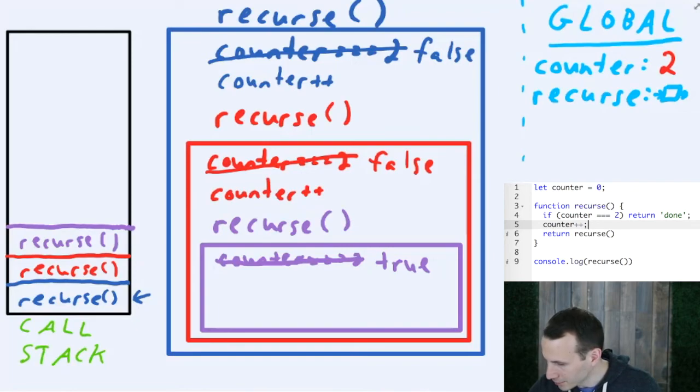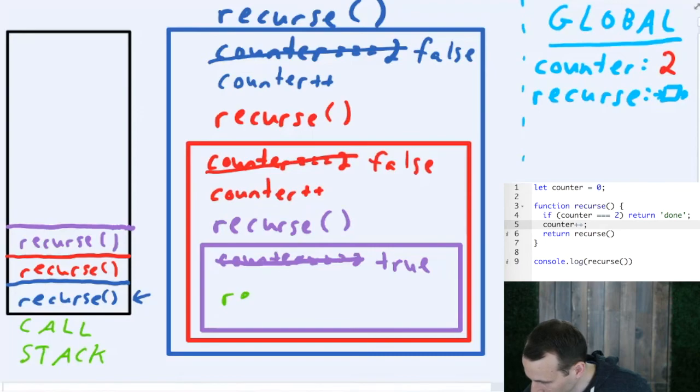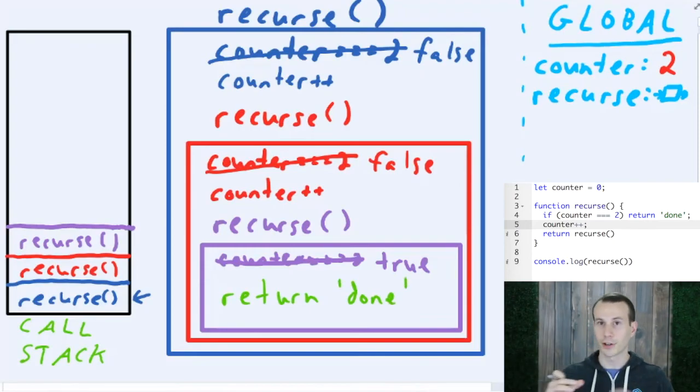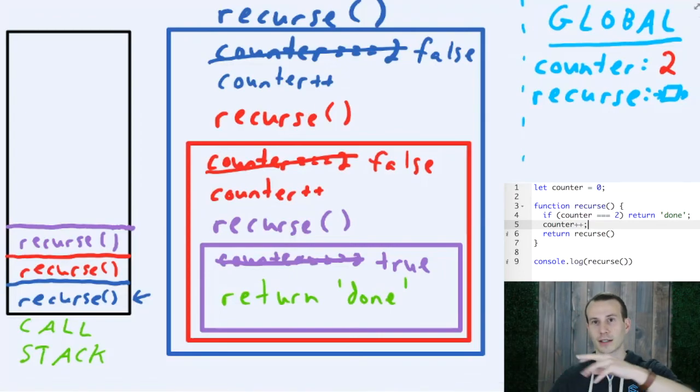So if I just pick, let's say, this green that I use for the call stack, if we are returning the string done, then that return statement, because in our recursion we have returned all of our recursive calls, this value is going to bubble up and go all the way back out to our initial call to recurse.